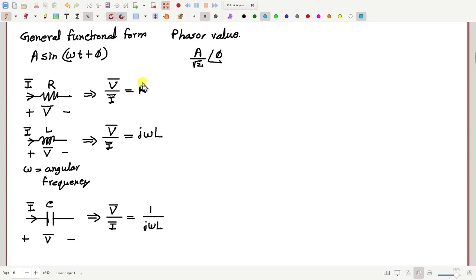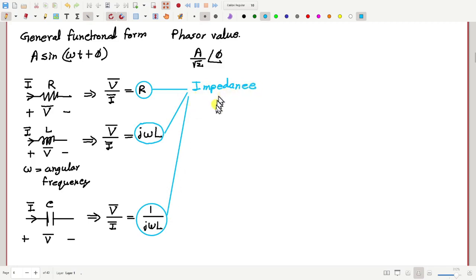Okay, and this right hand side, that is the ratio of voltage and current, is called impedance, which is analogous to resistance in a DC circuit. In DC circuits, the ratio of voltage and current is resistance.